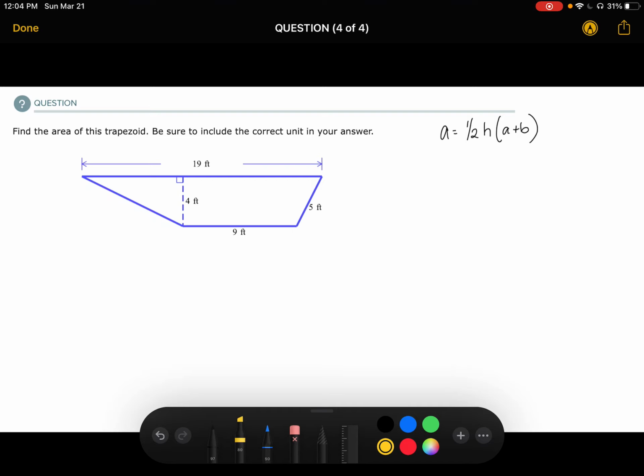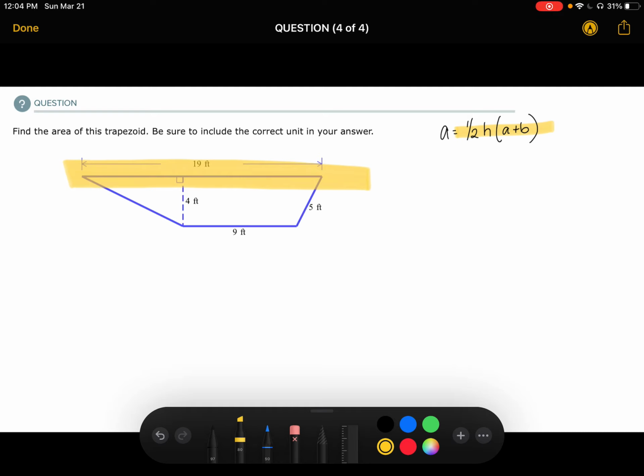So the equation is half of height times a plus b. Now, a plus b are your two parallel sides. So when I have this trapezoid, which is this shape right over here, I have two sides that are parallel, right?